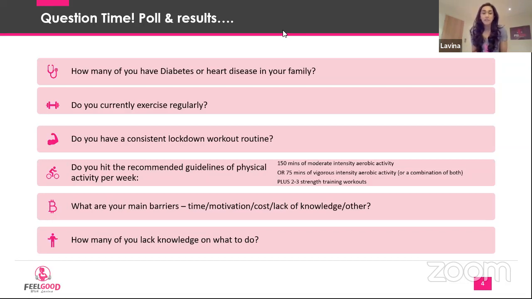So do you hit the government guidelines for physical activity? That's great. 69% of you think you are doing 150 minutes of moderate intensity aerobic activity a week. That means maybe 30 minutes 5 times a week, or even if you break it up into shorter amounts, like my snacks that I'll be talking about, that's really, really positive.